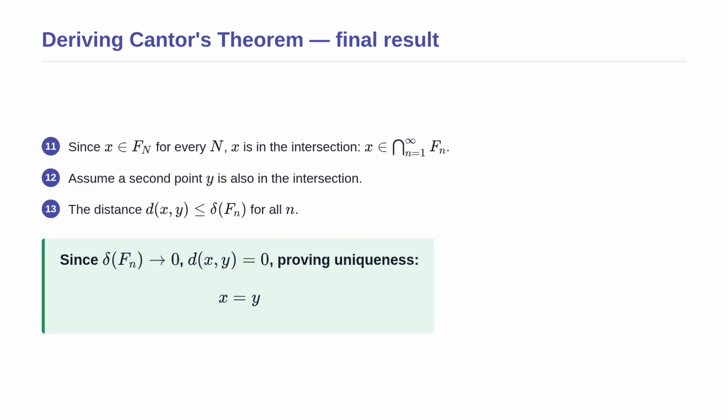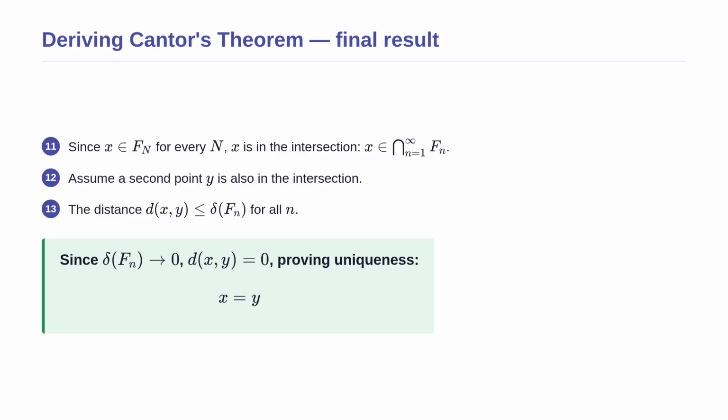We have shown that x is in Fn for every single set, so it must be in their exact overlapping center, the intersection. Finally, we must prove that x is the only point in this intersection. Let us pretend there is a second point, y, that is also trapped in all the sets.